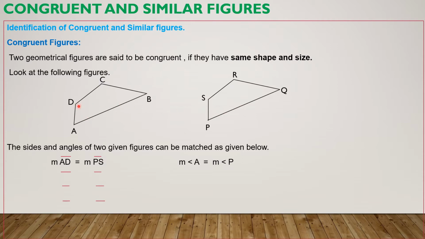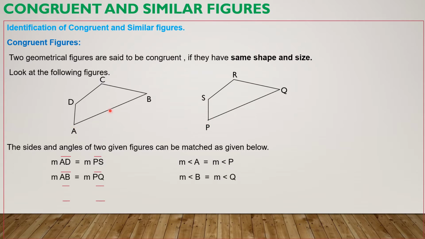Size means all the sides of this quadrilateral will be equal to the sides of the second quadrilateral. AD's corresponding side is PS, meaning we will compare AD with PS. AD and PS are equal. Similarly, angle A and angle P are also equal.